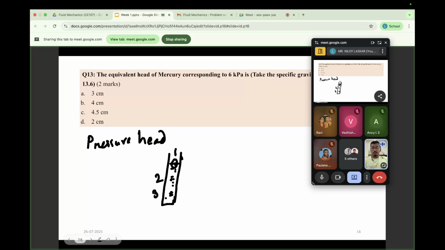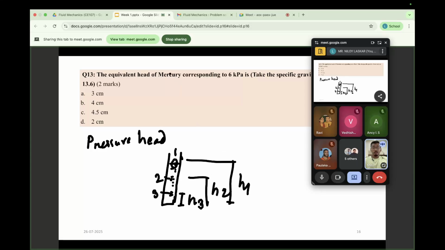Generally pressure is in Pascal, but we can represent it in terms of height. Point 3 corresponds to height h3, point 2 to height h2, and point 1 to height h1. That height is known as equivalent height or pressure head.